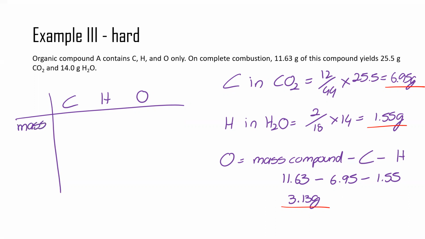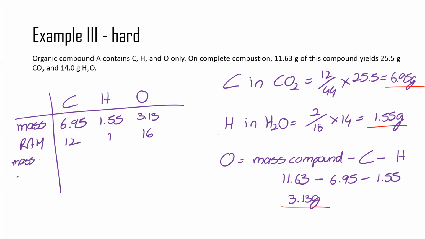So mass of carbon is equal to 6.95, mass of hydrogen is equal to 1.55, and the mass of oxygen is equal to 3.13. Okay, now the RAM is going to be 12, 1, 16.